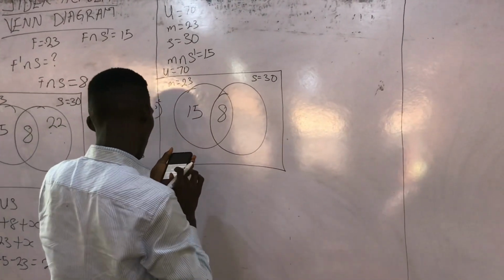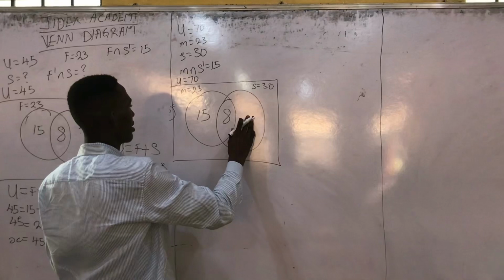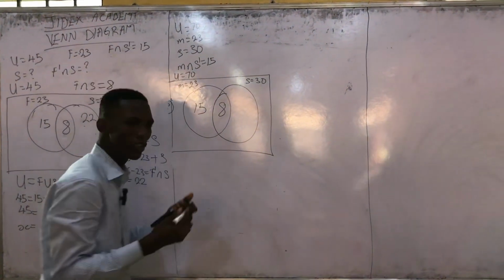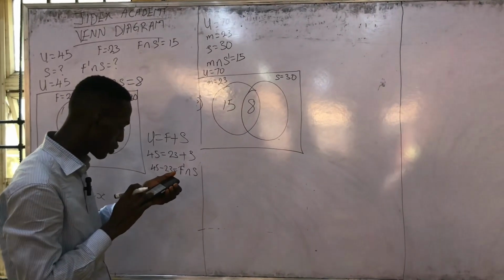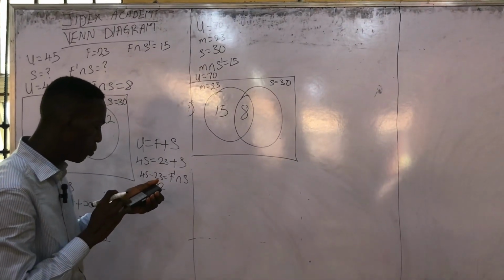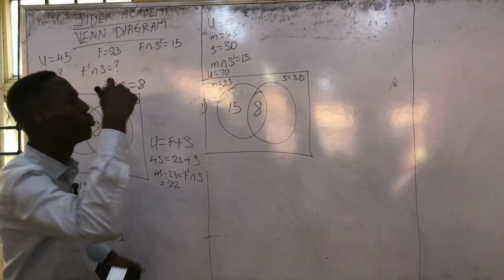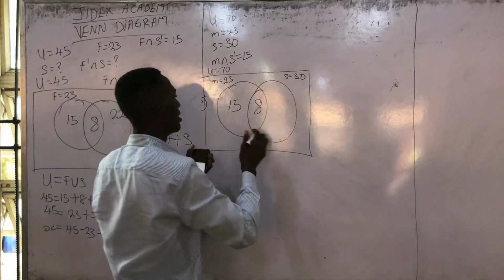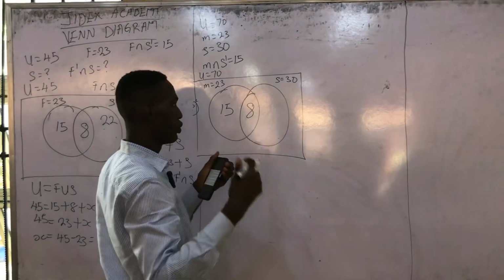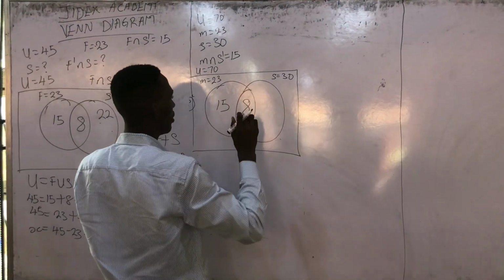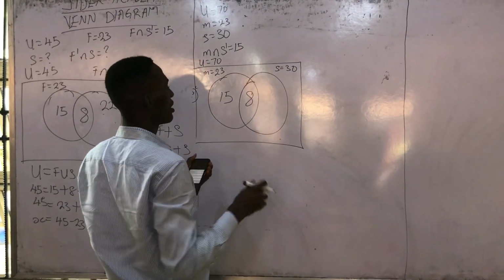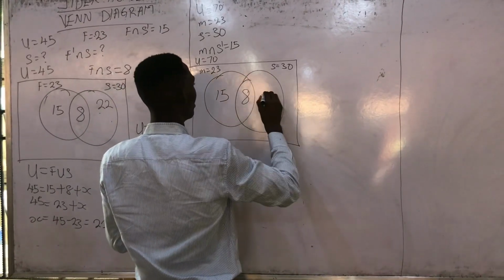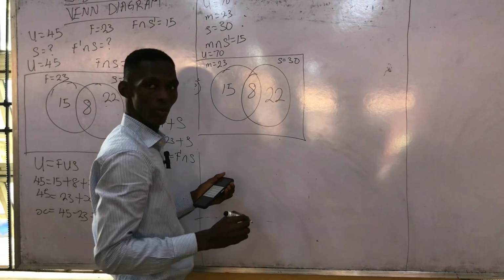For this question, there's a hidden question inside, because we are told to find the number of students who did not pass in both subjects. But first, let's get those that pass in statistics but not in maths. So that will be 30 minus 8, which gives us 22.